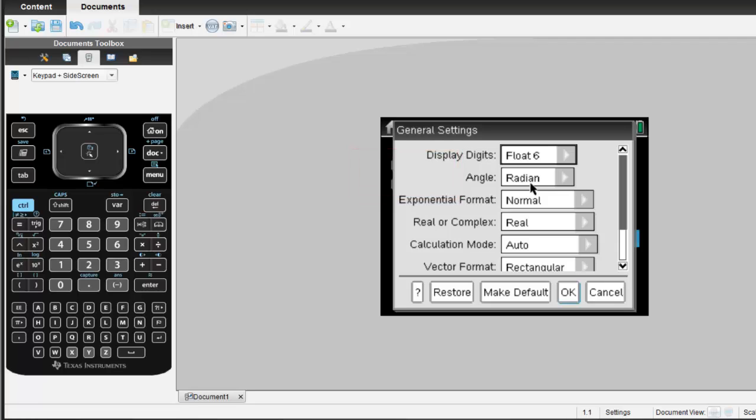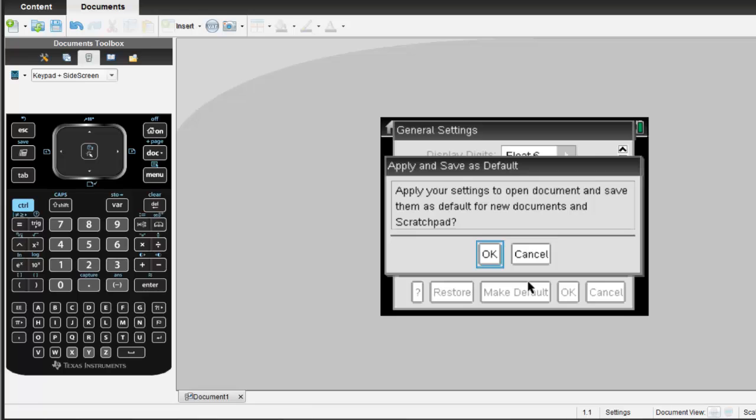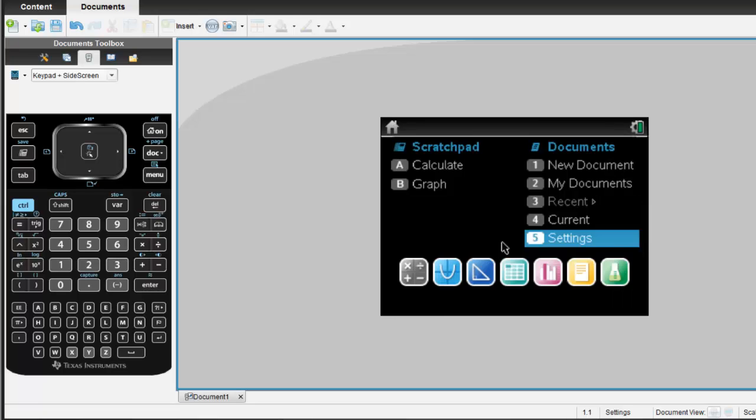Well, we're going to be dealing with radian measures later on in this unit, but right now we want our calculator to be in degree mode because we're going to be dealing with degrees as a measurement of the given angles. So I'm going to hit that drop down, hit degree, and then I'm going to ask you to make that the default.